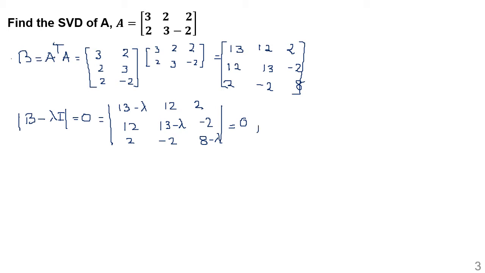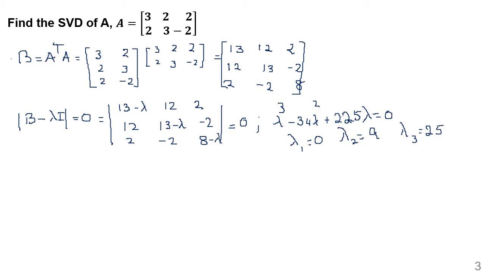When we simplify this determinant, we get lambda cube minus 34 lambda square plus 225 lambda is equal to 0. When we further simplify this, we get three eigenvalues. Lambda 1 is equal to 0, lambda 2 is equal to 9, lambda 3 is equal to 25.